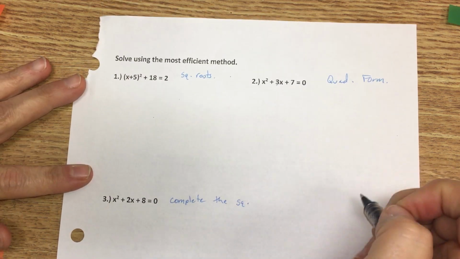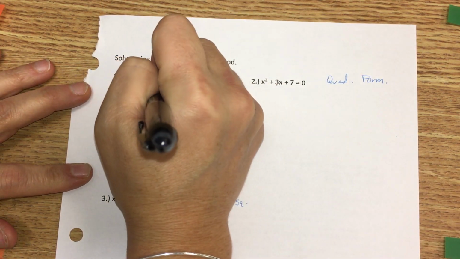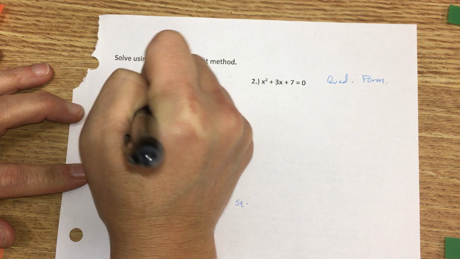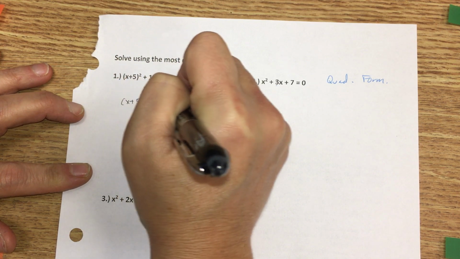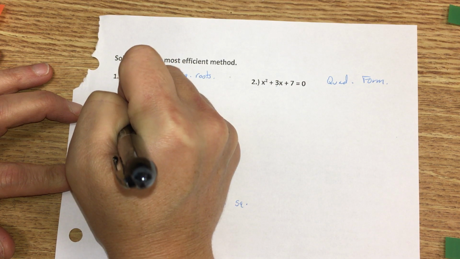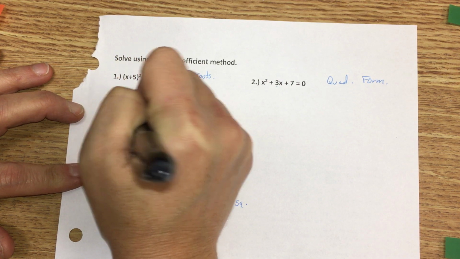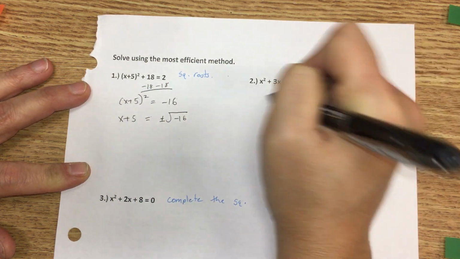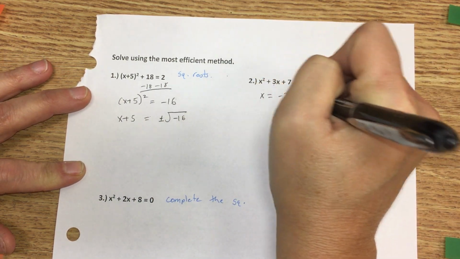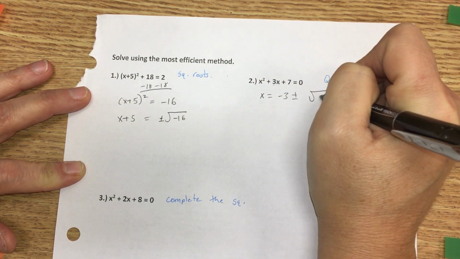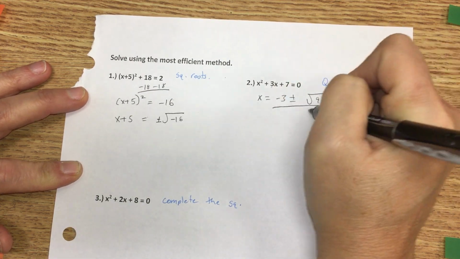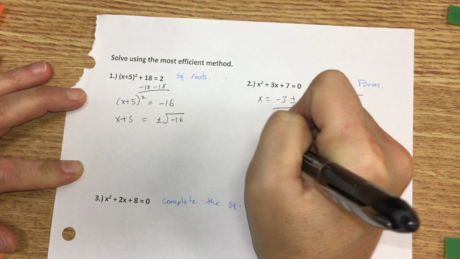All right, so go ahead, pause the video again, and apply these methods to these 3 equations. All right, I'm going to take it all the way down. And again, you should have already done these on your own, to where we used to stop. x equals negative b plus or minus the square root of b squared minus 4ac all over 2a.